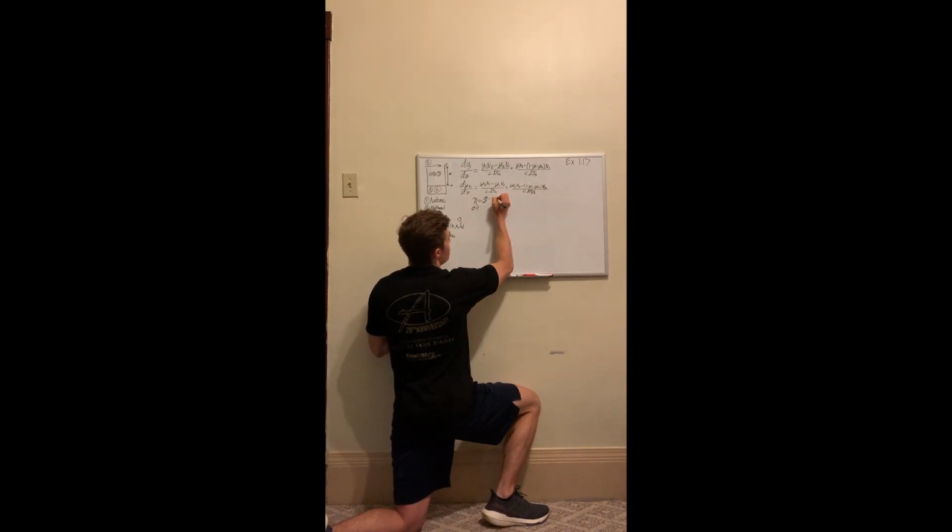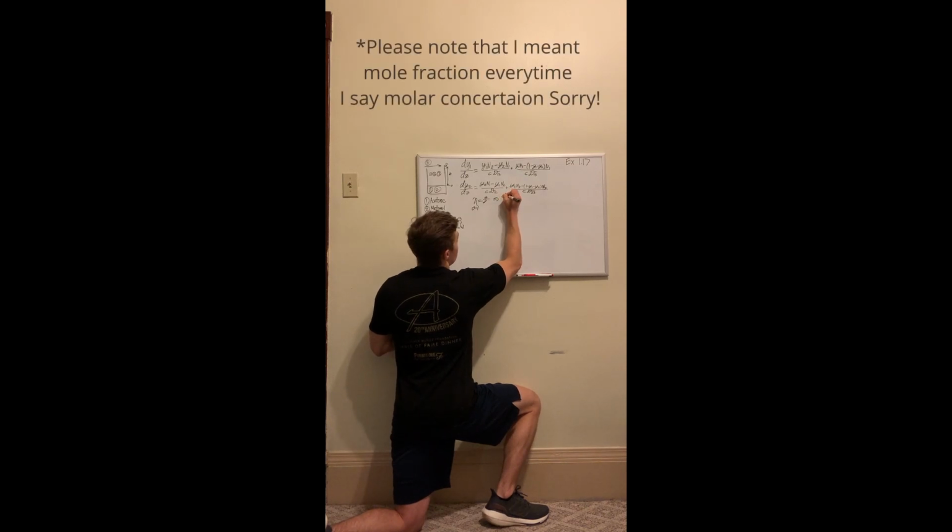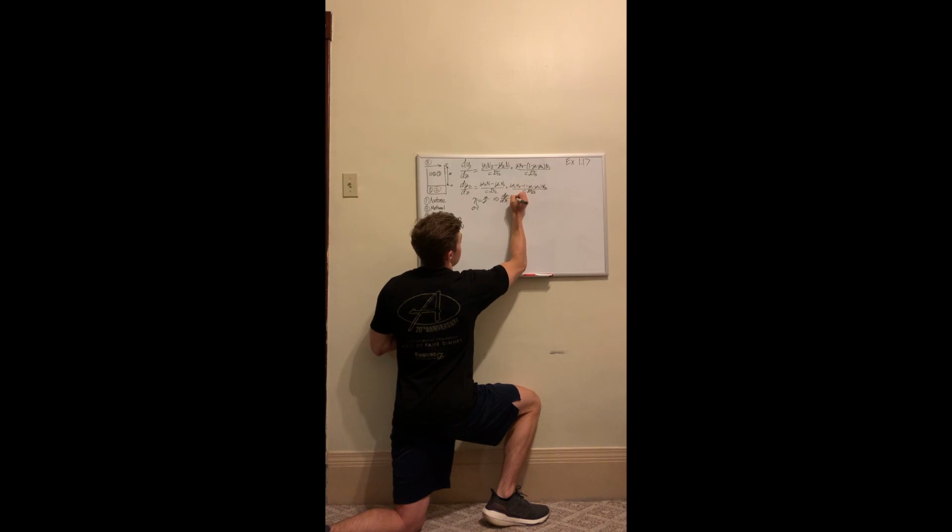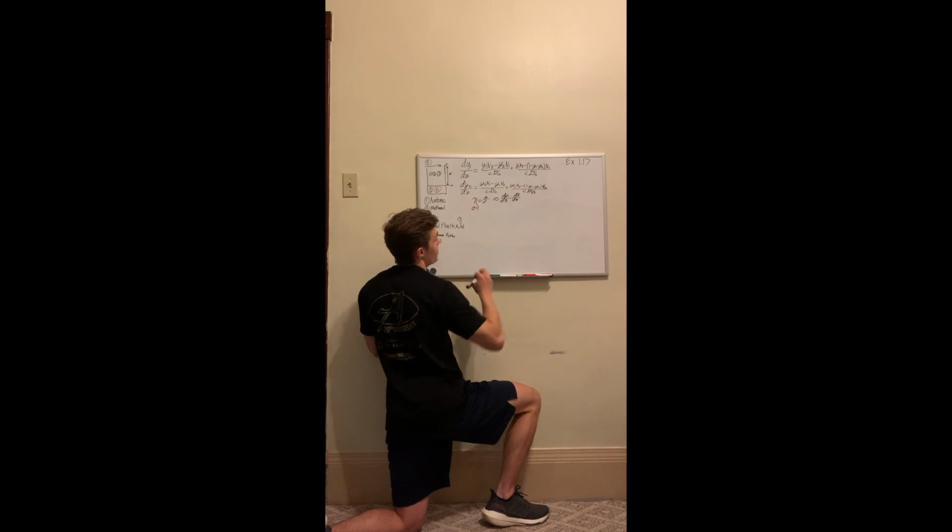Using the chain rule, we can see that the change in molar concentration of component 1 over the change in our z, or distance traveled, component equals the change in molar concentration over the change in eta, multiplied by the change in eta over the change in z.